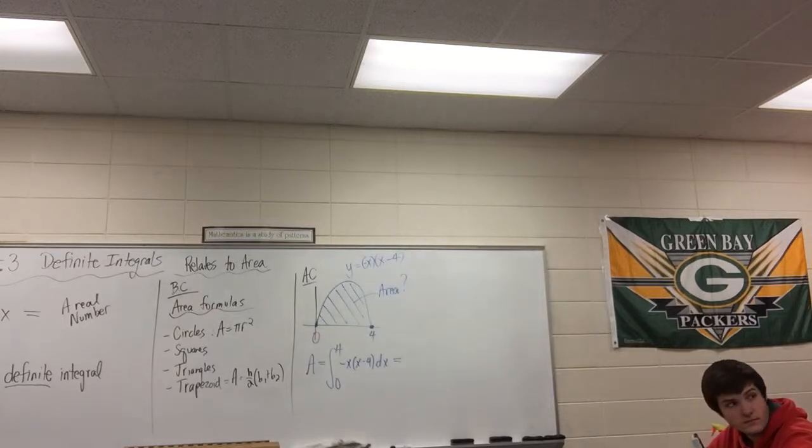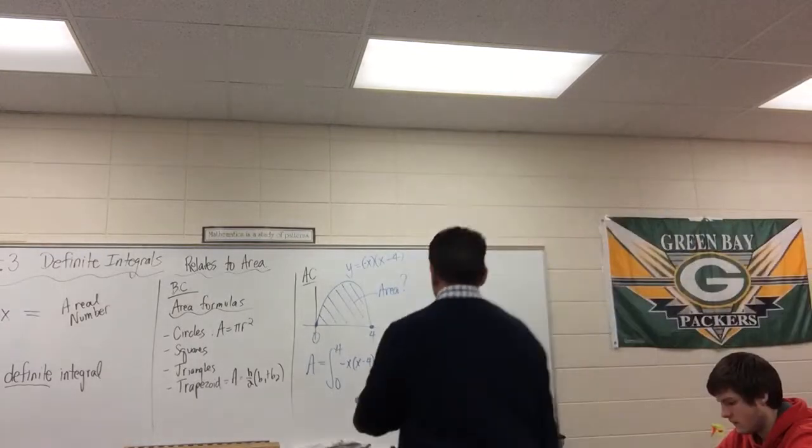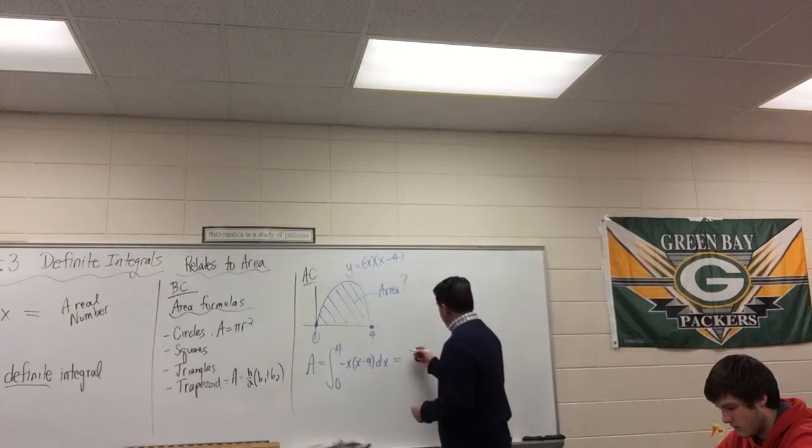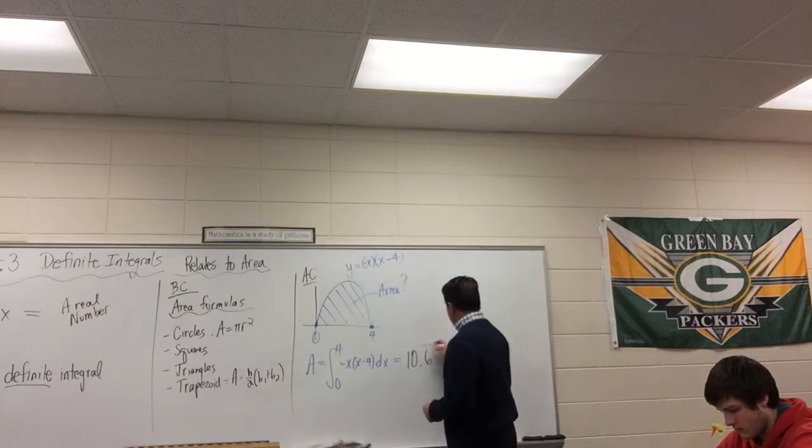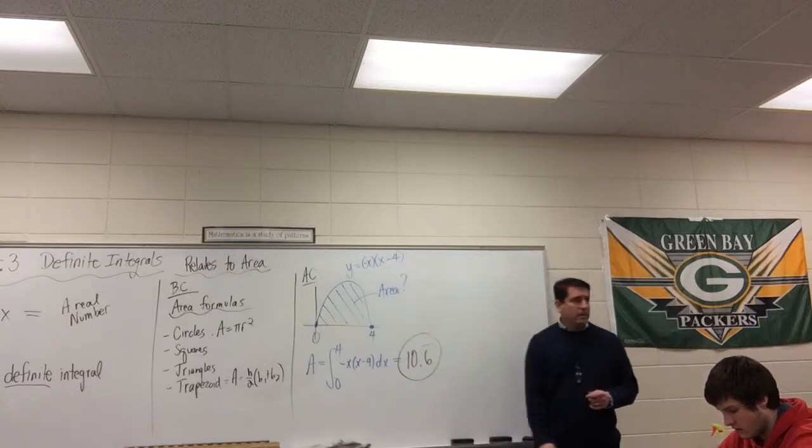I'd go to math, fnInt, plug in a 0, plug in a 4, plug in negative x times x minus 4, dx, and the answer is 10 2/3. Get that? That's probably the fastest way to do it. And so we can say, I know the area of that. It's just 10 2/3. Boom. There it is.